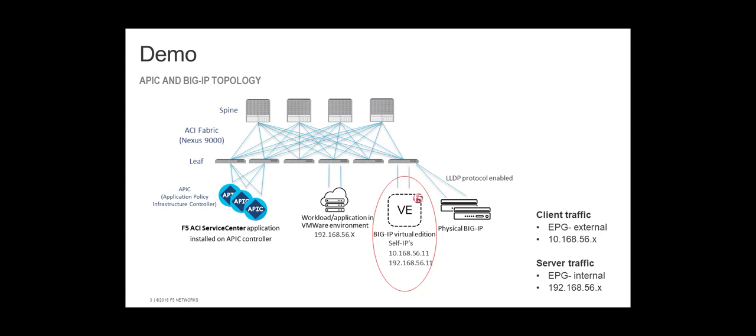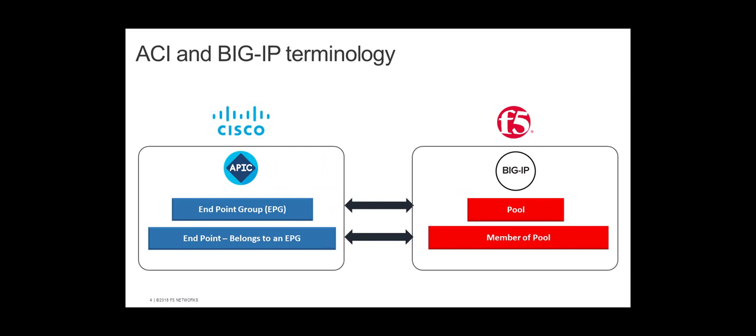192.168. Before jumping into the demo, a good terminology to remember is what is an endpoint and an endpoint group on APIC and a pool member on Big IP. Now, an endpoint group on APIC is a collection of different endpoints, and these endpoints are basically your workload that is serving your application.